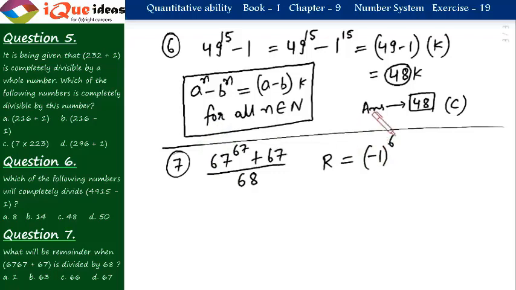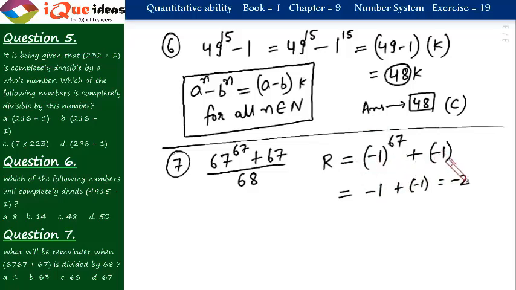So from the first part, that is 67 raised to 67, we have got the remainder as minus 1 to the power 67, plus from the second part, that is only 67. Now when this only 67 is divided by 68, remainder would be minus 1. Alright, this we have done in theory section. Now minus 1 to the power 67, odd power of negative number will remain negative, so it is minus 1 plus minus 1, so it is minus 2.